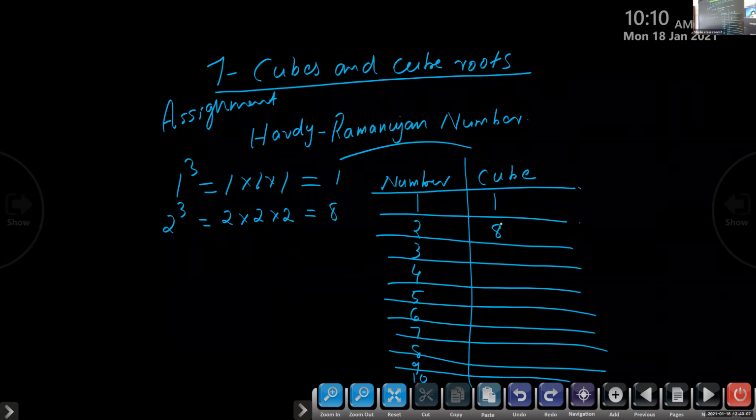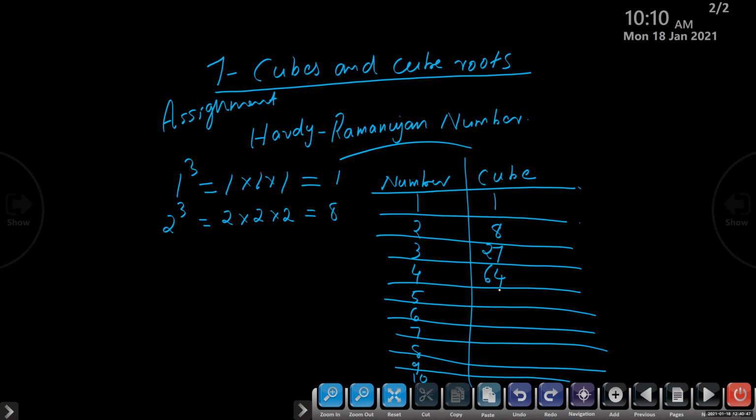3 cube is 27. 4 cube is 64. 5 cube is 125.